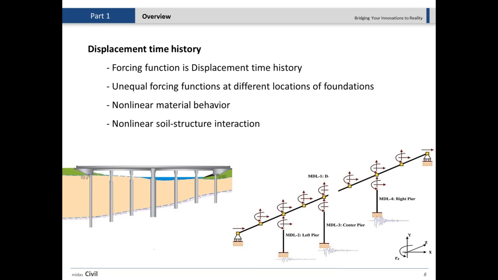So you definitely need sophisticated software, something like one of our software, MIDASoft, which can easily handle this part for you. You can completely model the structure, consider the nonlinearity, model nonlinear soil springs, model the nonlinear elements of the material, and also apply different forcing functions on different parts of the structure. That's the kind of requirement to run this displacement time history analysis.